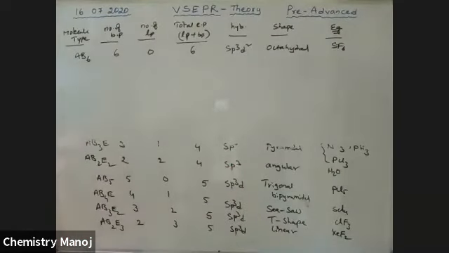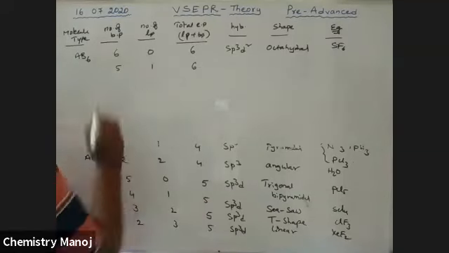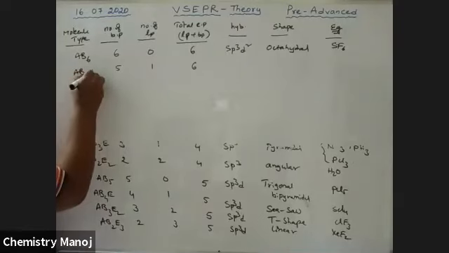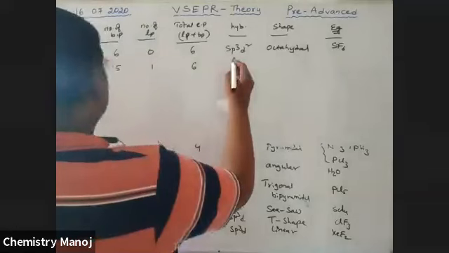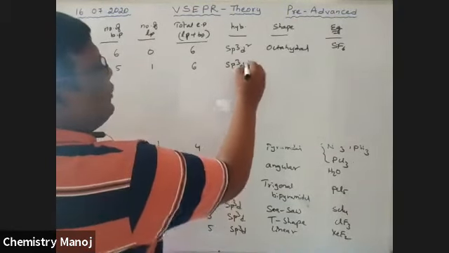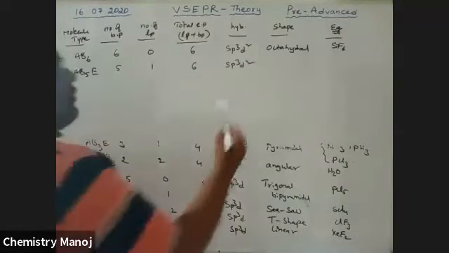Total pairs 6, with 5 bond pairs and 1 lone pair. That is AB5E, sp3d2, which is square pyramidal shape.